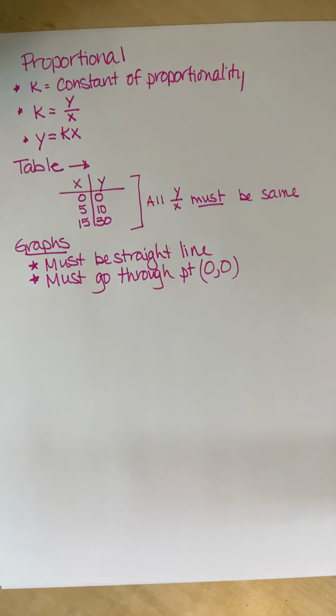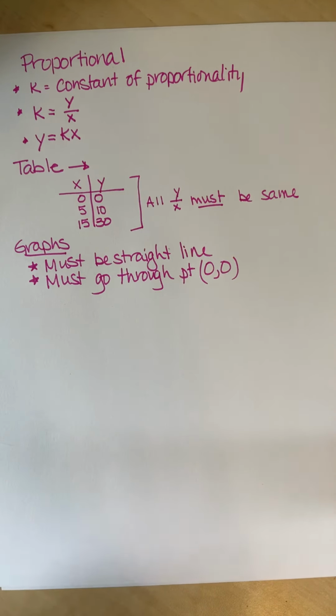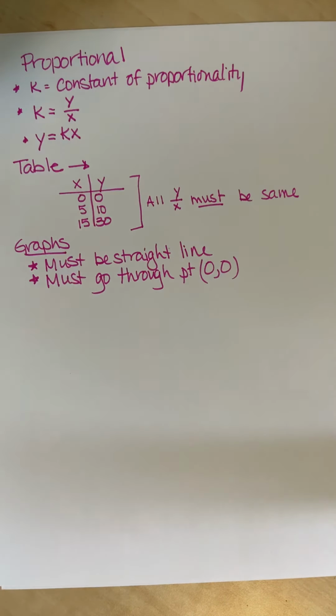Okay, so those are the things you've got to keep in mind for constant of proportionality and if things are proportional or not proportional. Okay, the other thing I want to do is go over a couple of the homework problems that I noticed people were having issues on. So I picked out a couple of them that a lot of people got wrong. I just have to remember which ones they are right now.